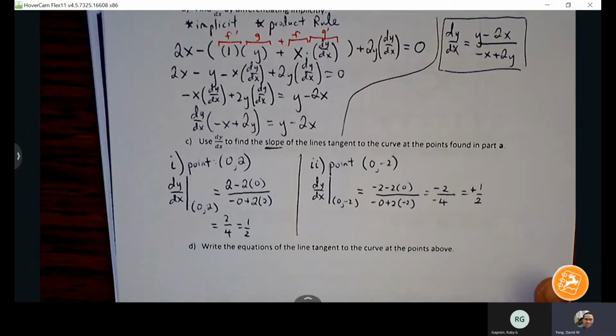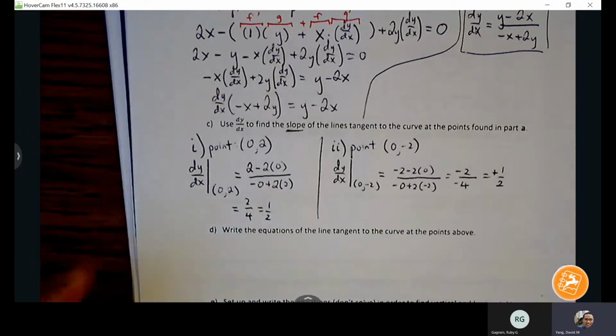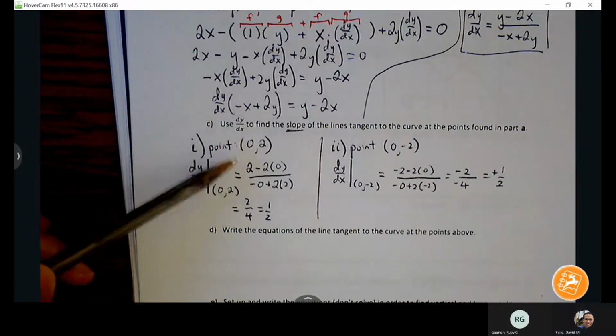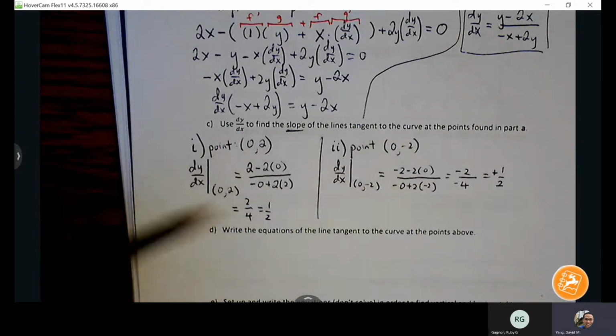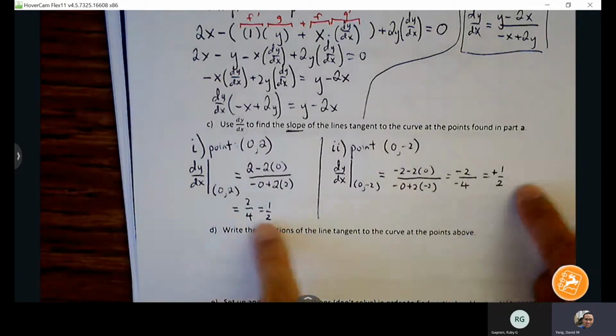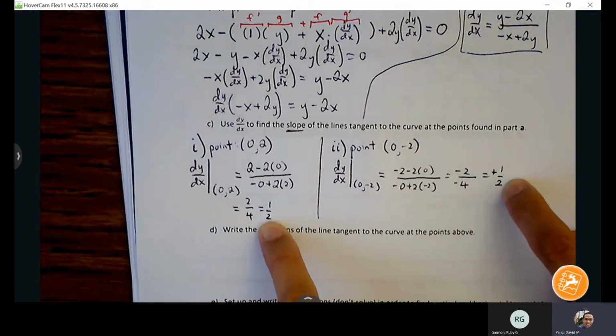It just happens to have the same slope. So at (0, 2) there's a slope of 1/2. At (0, -2) there's also a slope of 1/2, but it's just a coincidence. Well, there's no way for us to know unless we are actually trying to find it.